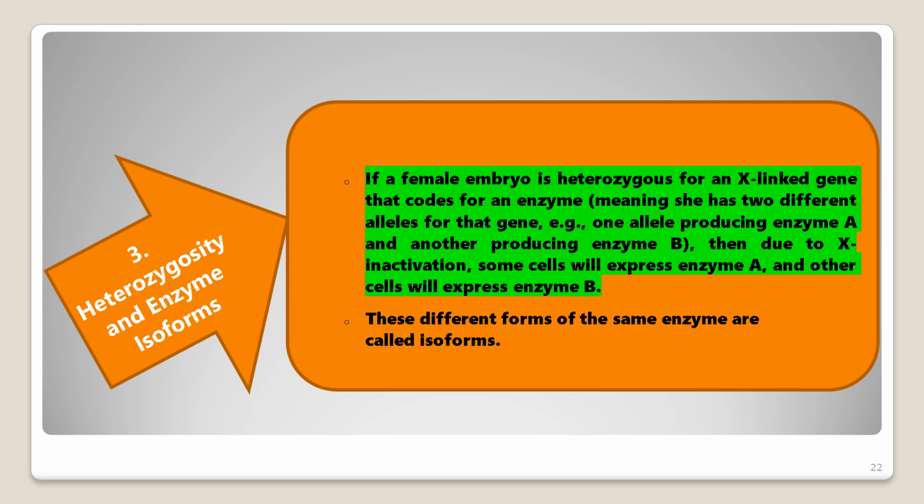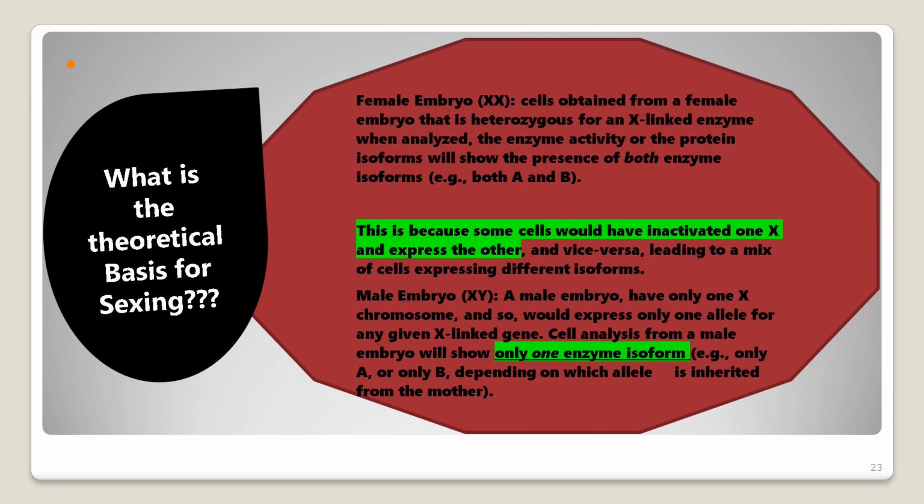Then one allele will produce enzyme A, while the other will produce enzyme B. Then, due to X inactivation, some cells will end up expressing enzyme A, and the other cells will end up expressing enzyme B. It is these different forms of the same enzyme that are called isoforms.